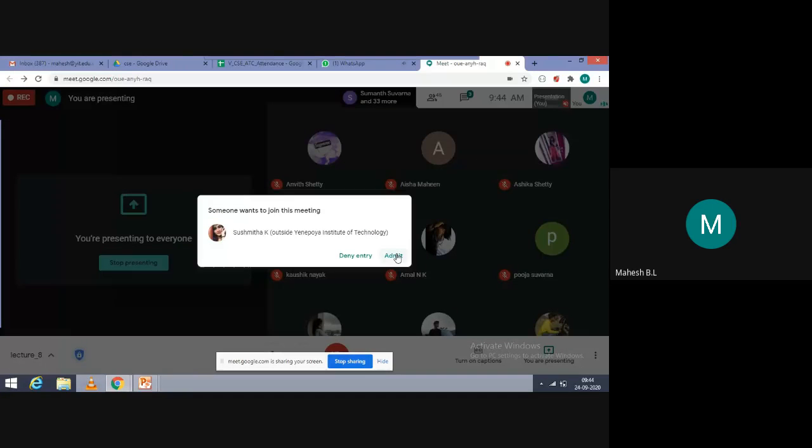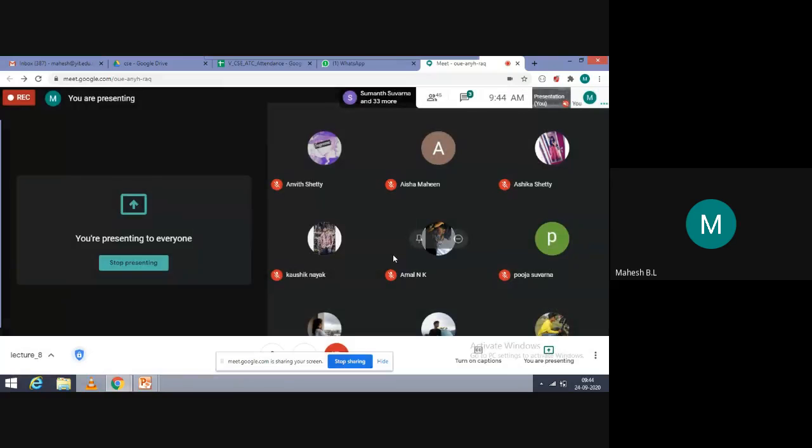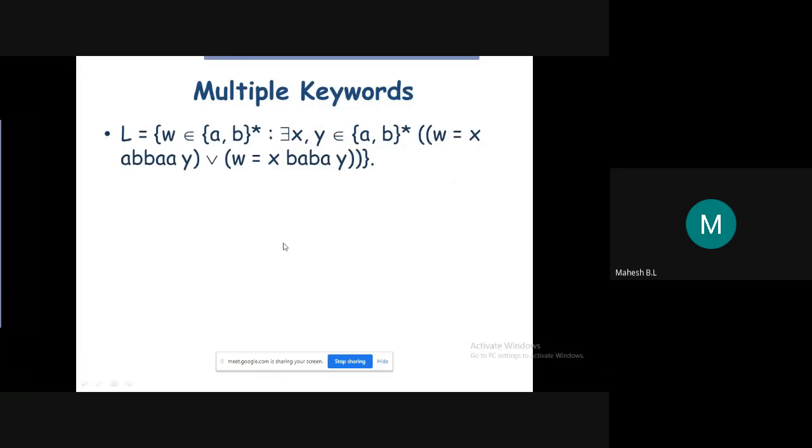So there are two possibilities. Either your string must have abbaa as a substring, or it must have baba as a substring.